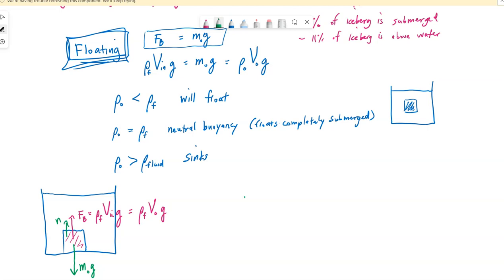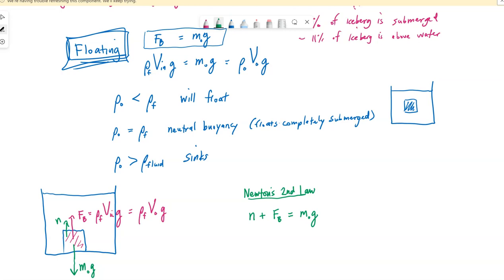And so to balance out for Newton's second law, there's no acceleration because this block is sitting at the bottom of the container. We would need both the normal force and the buoyant force upwards. Those two are acting upwards together to counteract the weight of the object. So mass of the object times g.